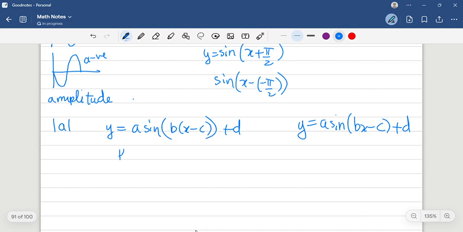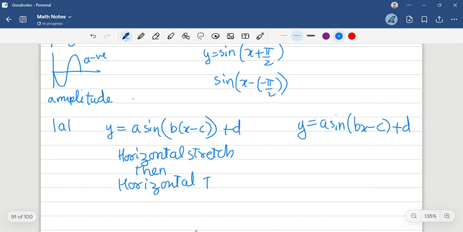So in the first case it will be horizontal stretch, then horizontal translation.